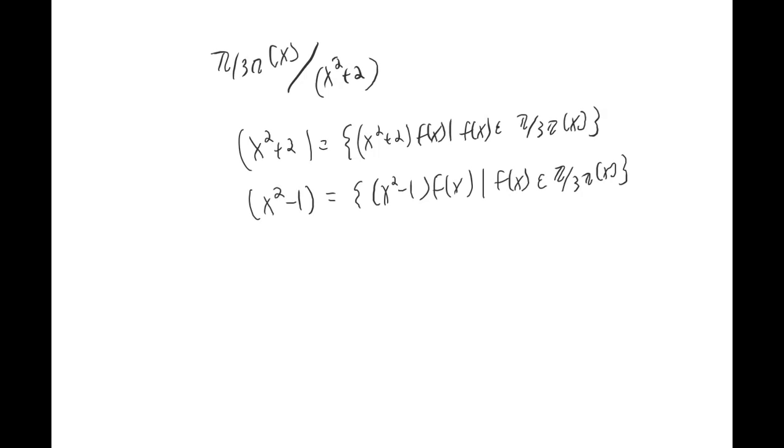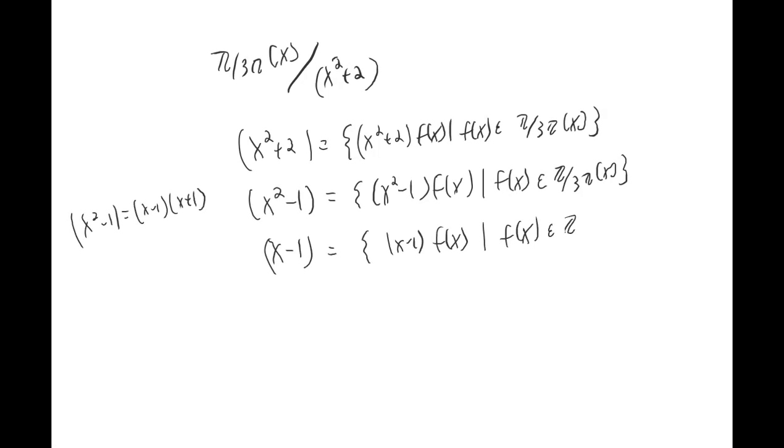So what does this factor as? X squared minus 1 factors as x minus 1 times x plus 1. So what you're going to see is it's contained in the ideal generated by x minus 1. So you see that this cannot be a field because this thing is a bigger ideal.